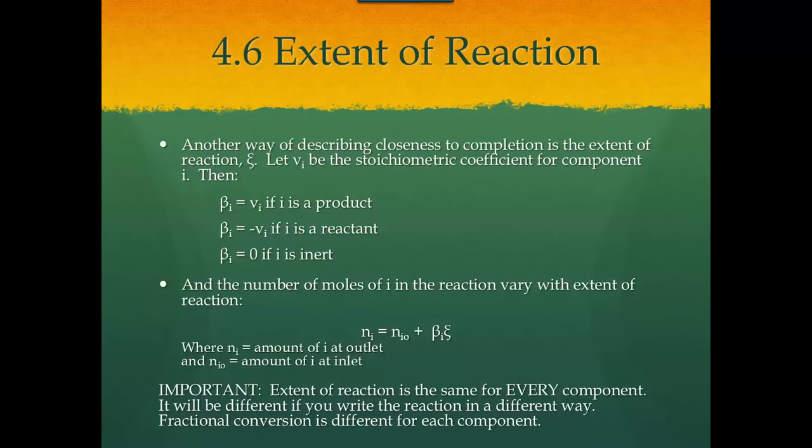So if I had 2 SO2 plus O2 makes 2 SO3, that will give me one set of expressions. If I chose to write it as SO2 plus 1/2 O2 makes SO3, I would get a different expression. So the extent of reaction depends on how I write the chemical reaction, but it will be the same value for all the components within that reaction. Fractional conversion is different: every component has a different fractional conversion.